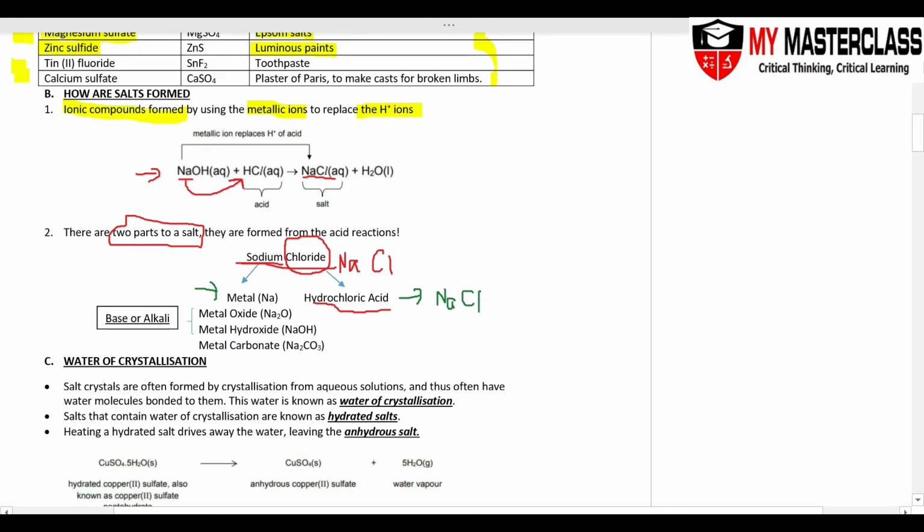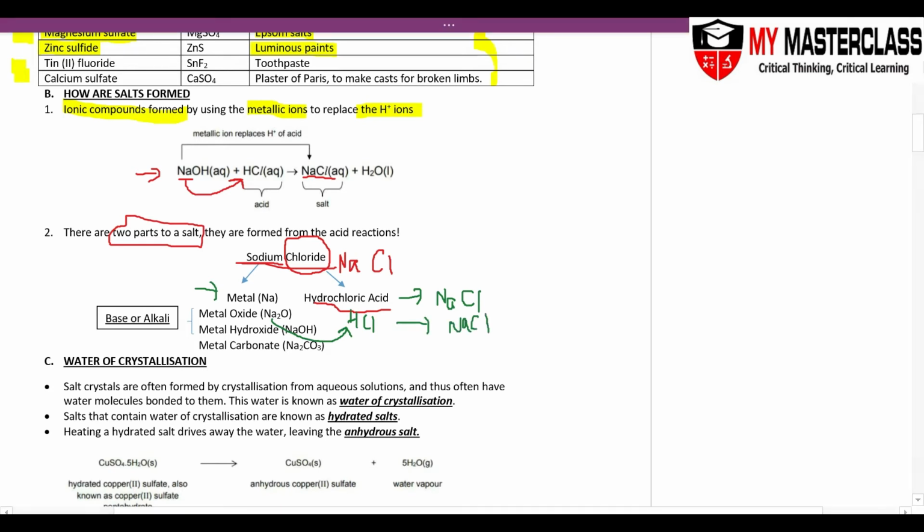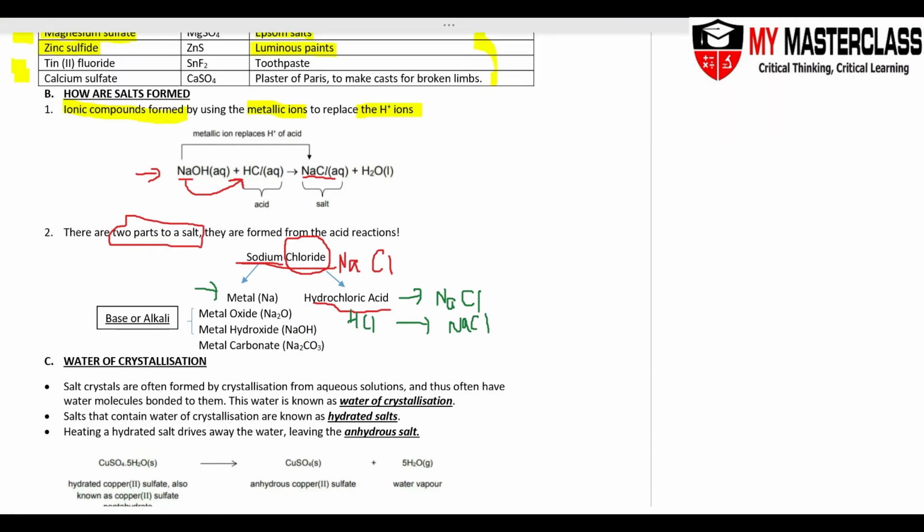Metal oxide, for example sodium oxide plus hydrochloric acid: same thing, I take the sodium, kick out the H, you get NaCl. Then the oxides and hydroxides, which are your base and your alkali: take the sodium, kick out the H, you get NaCl. Or a carbonate plus acid: take the sodium, kick out the H, you still get NaCl.